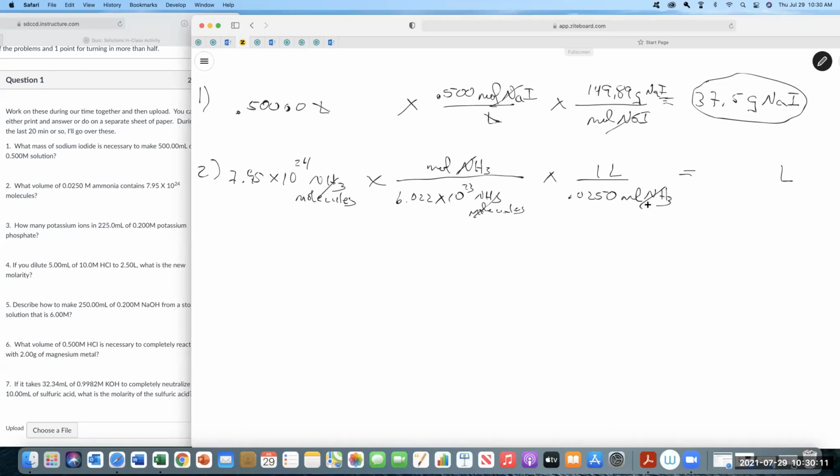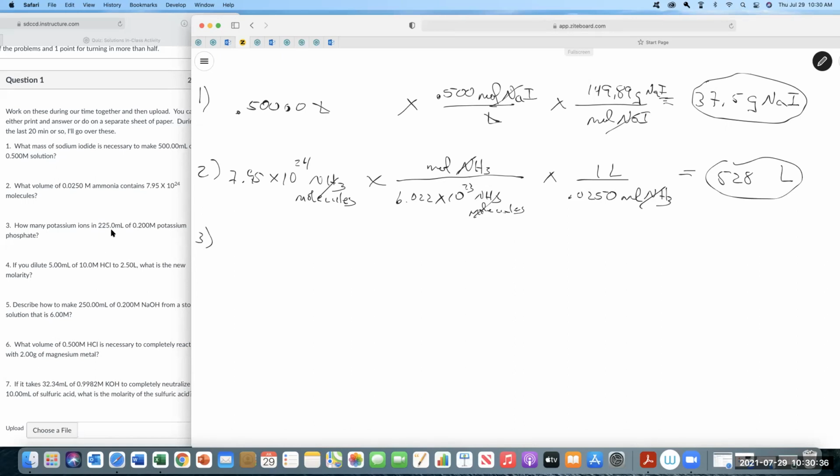And then when I do the math here, it is 528 liters. And remember that old, does my answer make sense? It sounds like a lot, but you've got 10 to the 24th molecules. So it is a lot.